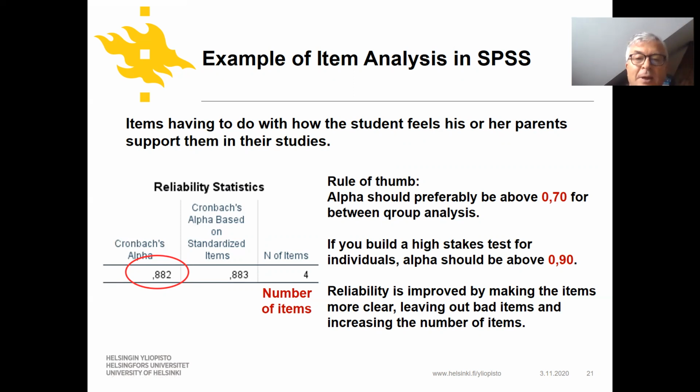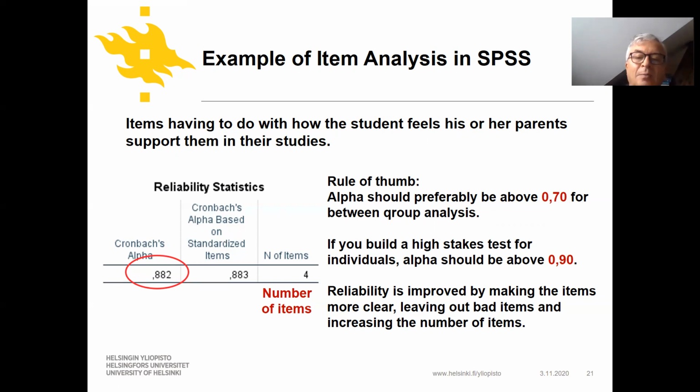The next thing we need to think about is whether the reliability is sufficient. Some reliabilities are good for one thing, some for another. Now, we typically would continue to check the differences, and the result of this would be used to check if, for instance, the girls and boys feel the same about their parents' support.